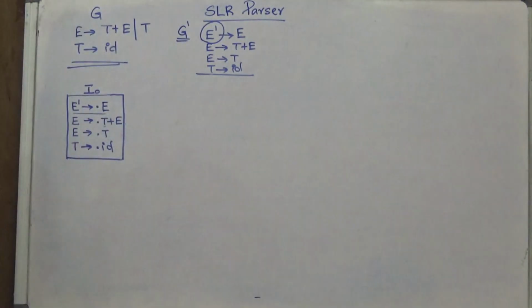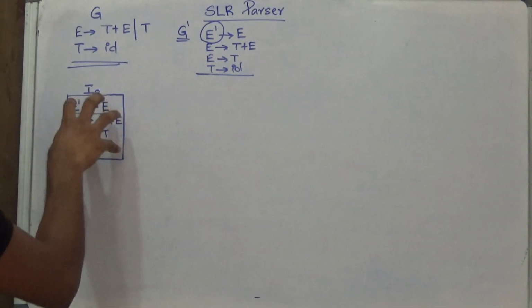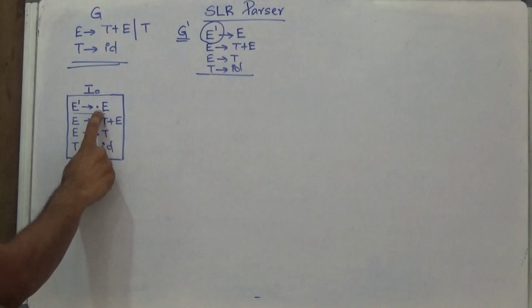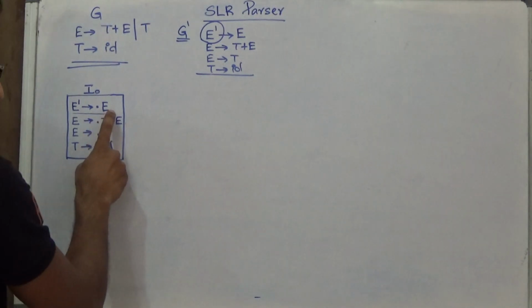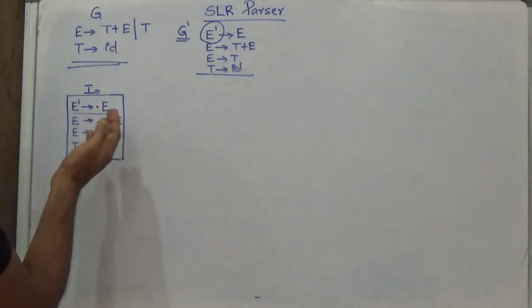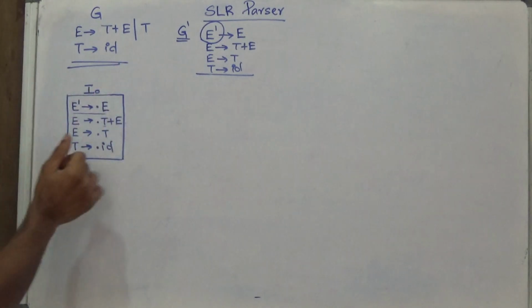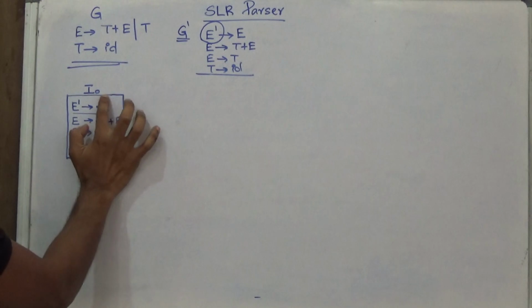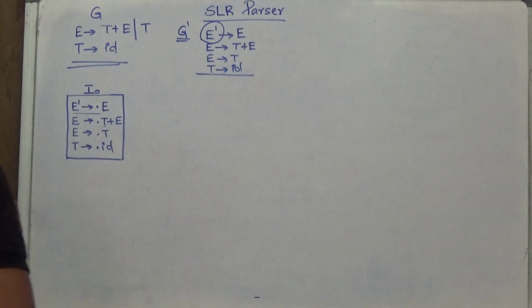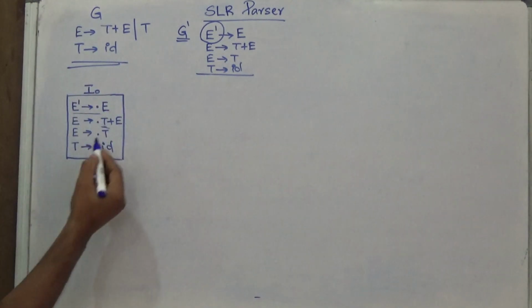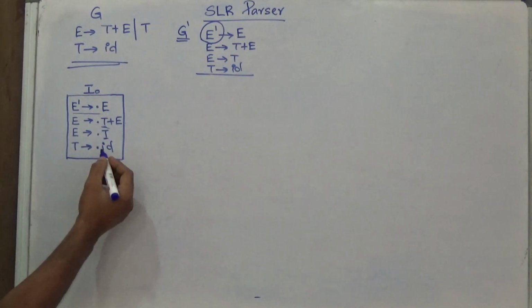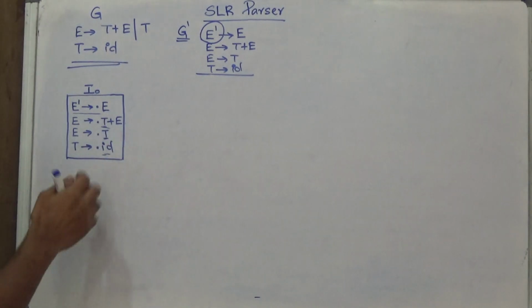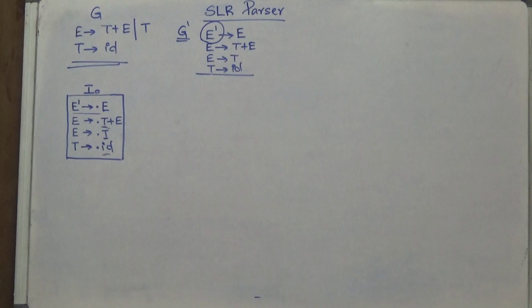Now if I consider this item set, from this state it can parse strings that can be generated from E. It can parse strings that can be generated from T using these two productions, or it can parse string ID.